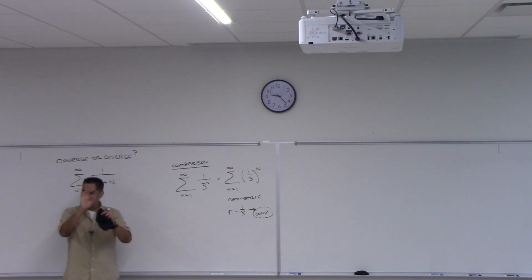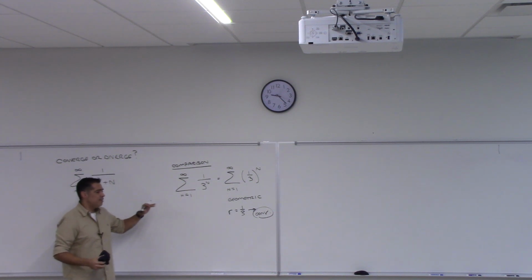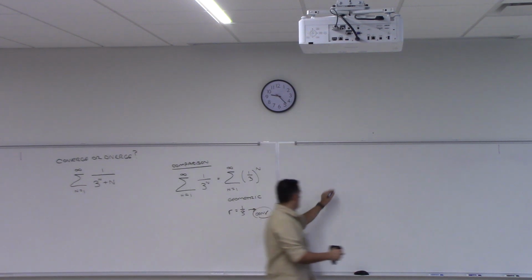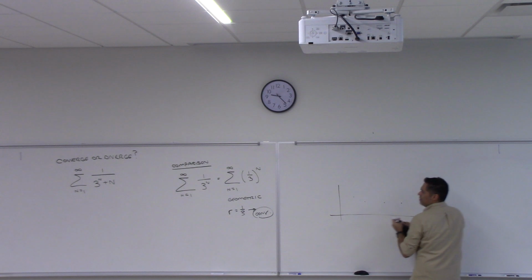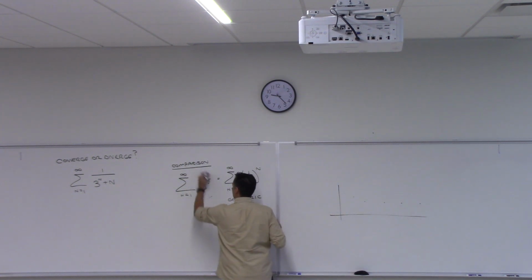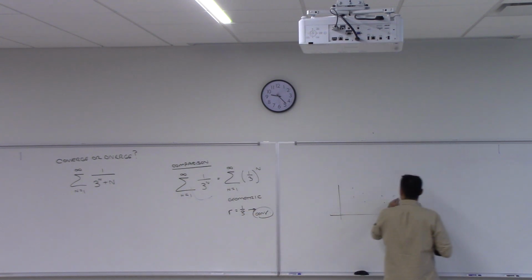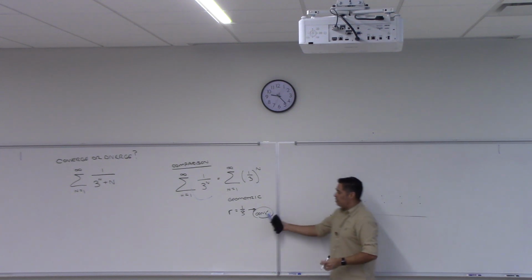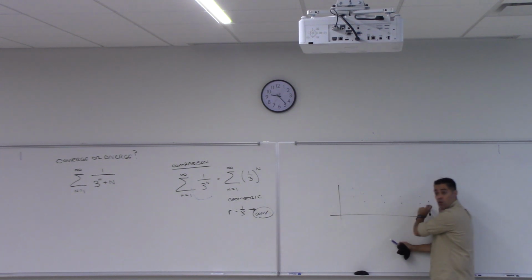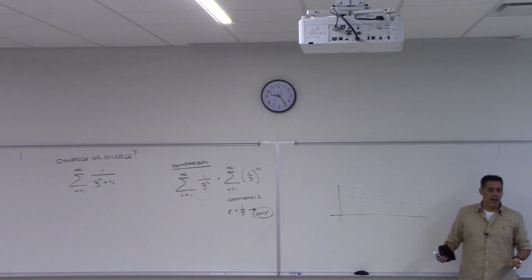Remember how we had the blue dots either above or below our black dots? In this case, we want our blue dots to be above, right? So this was our original series, and this one right here is the one we want our blue dots to be above, because if these blue dots add up to a number, if they converge, our black dots are below, so ours should converge as well, right?